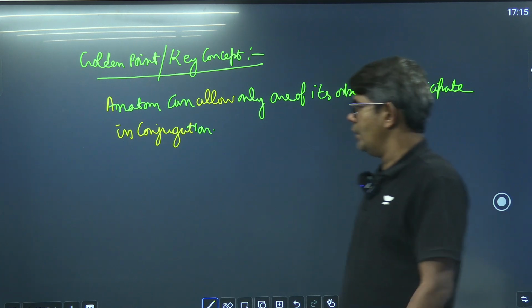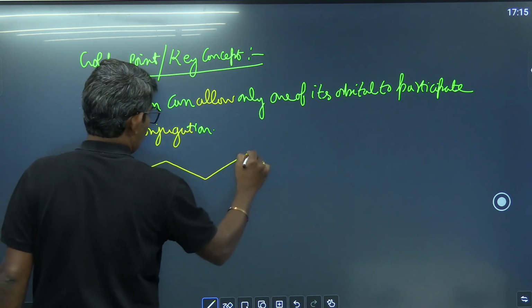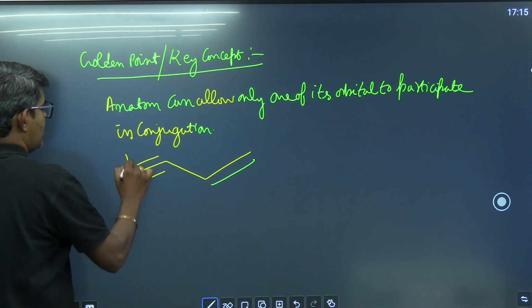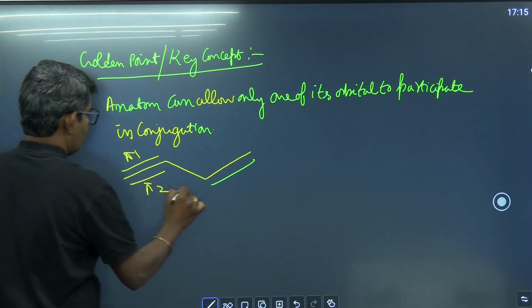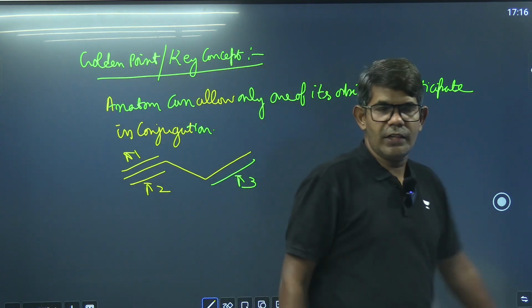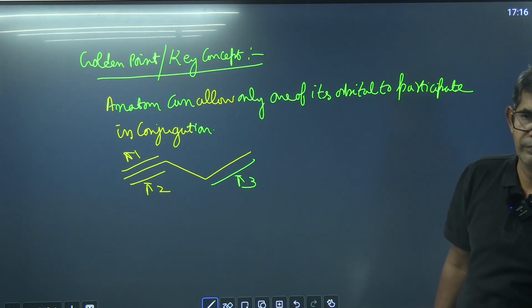What does it mean? Say suppose this is pi 1, this is pi 2 and say this is pi 3. You can't tell that both pi 1 and pi 2 are in conjugation to pi 3.